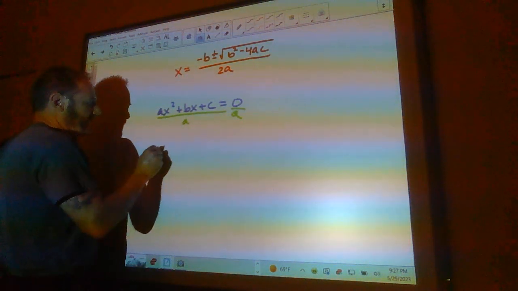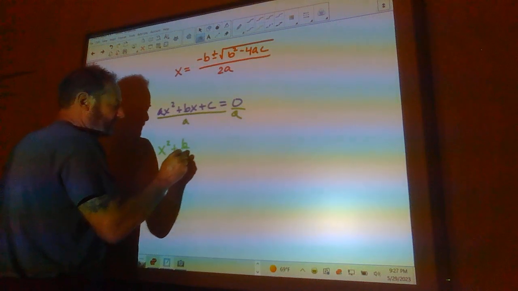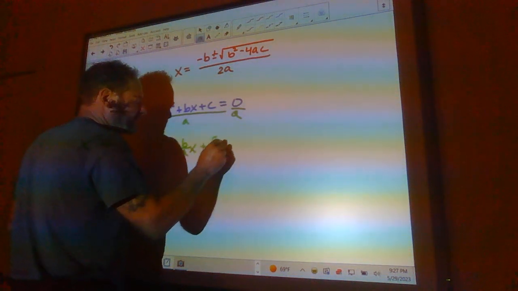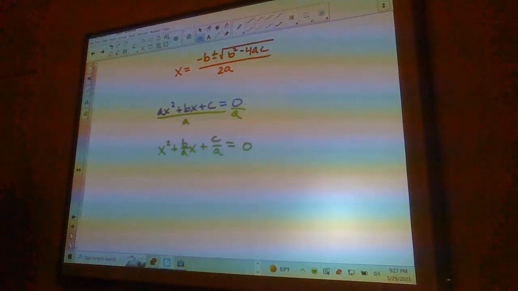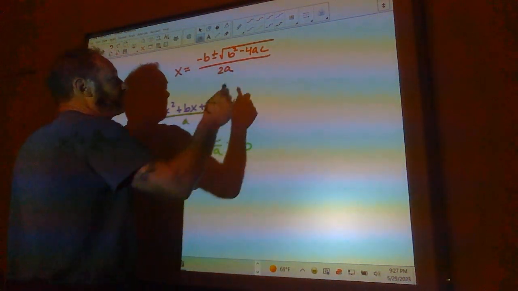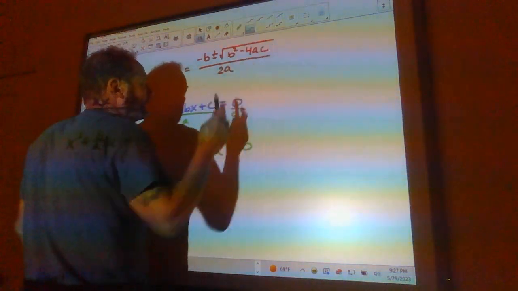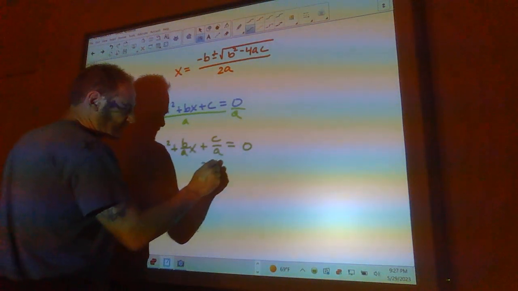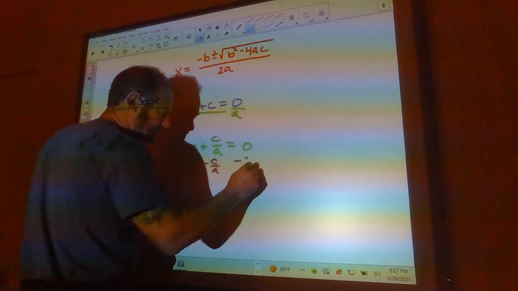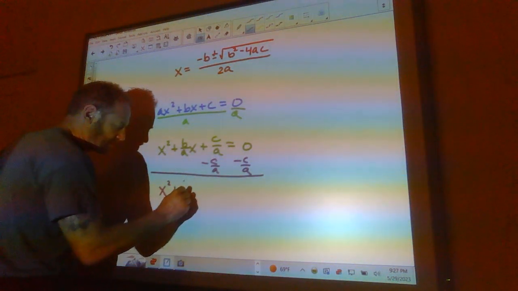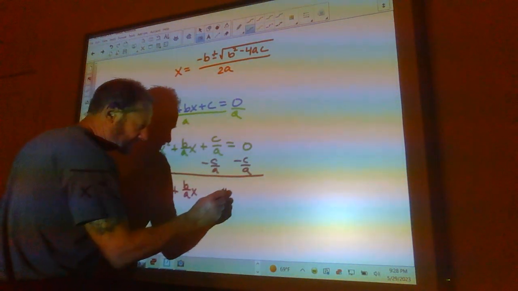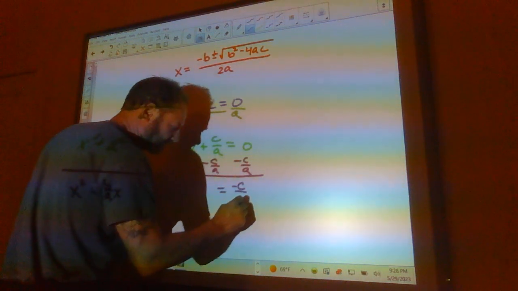So I get x squared plus b over a x plus c over a equals 0. Okay, let's complete the square. So we'll subtract this from both sides. And I get x squared plus b over a x equals negative c over a.